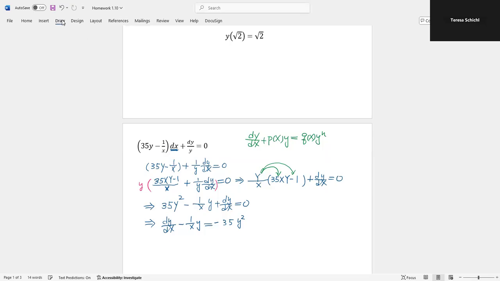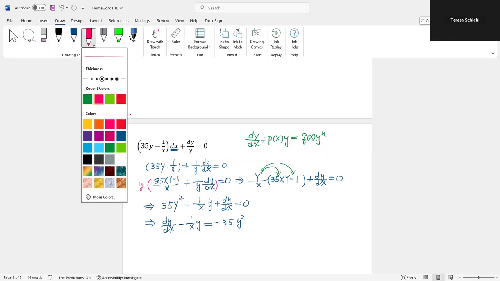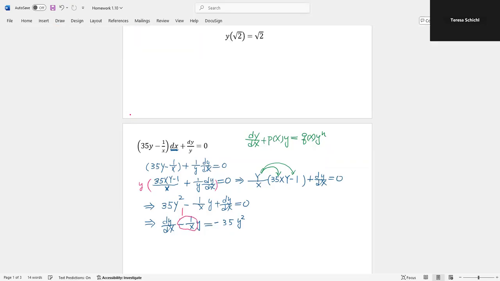So here I get a pretty good match. So this will be my p(x), and then this is my q(x), negative 35, right? And then my n here is 2. Great.